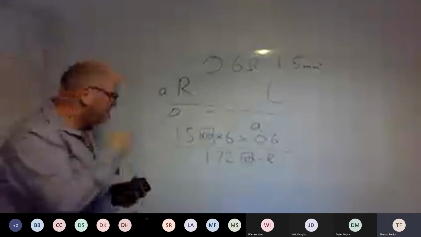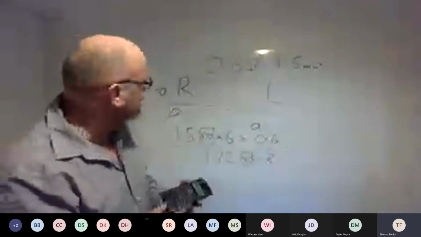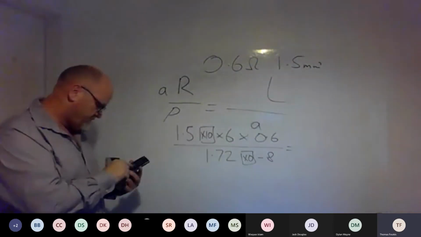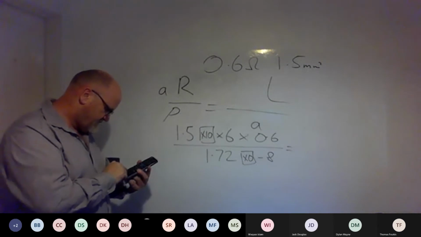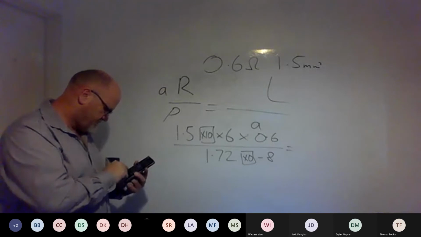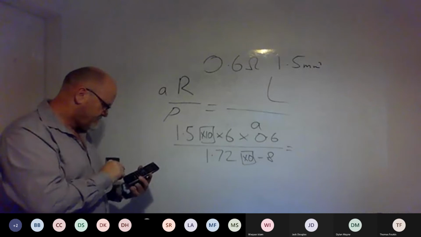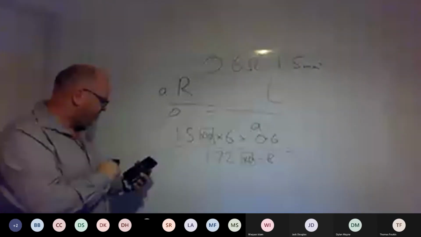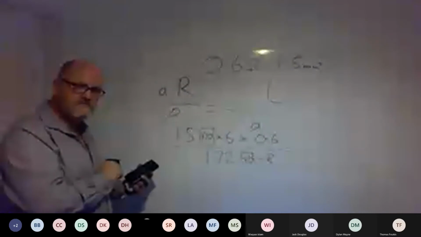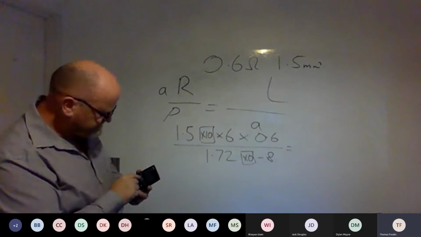Then we got 52.32. What did you get? 52.32. So 1.5 x10 minus 6 times 0.6 divided by 1.72 x10 minus 8 equals. Did anybody get 5.23 x10 to the power 13? We'll get a funny answer.